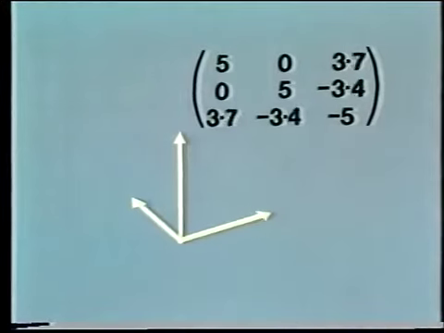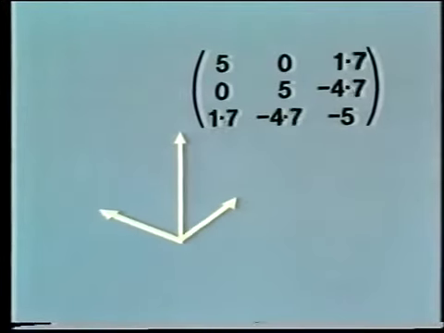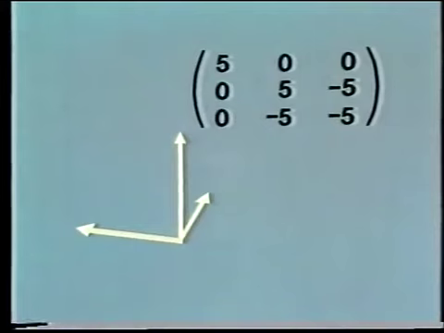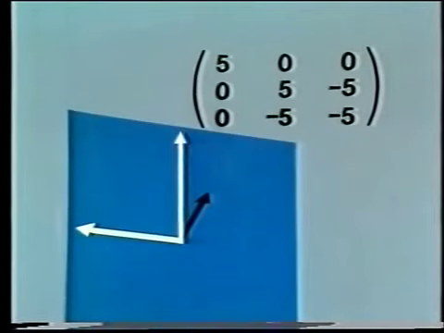This is how we started by finding one eigenvector. Now keep this eigenvector fixed, and what's left is a plane containing the other 2 basis vectors. If we just think about that plane, then the transformation is represented by this 2 by 2 matrix.